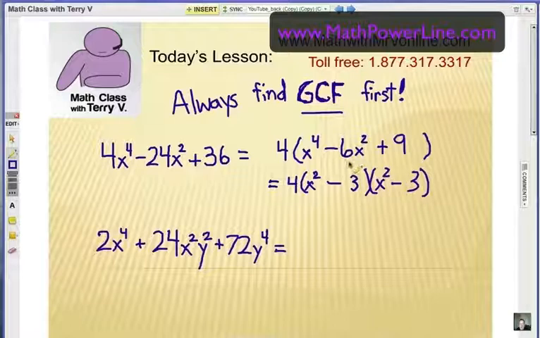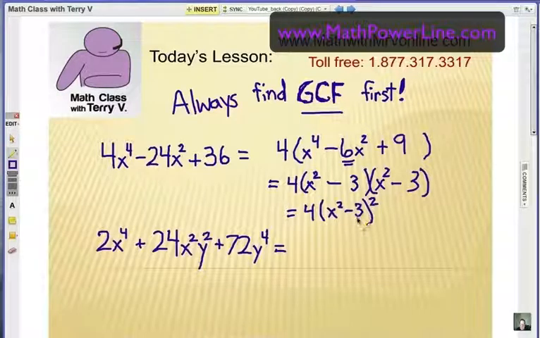Let's see, we double the product. So x squared times 3 is 3x squared. We double it, and yes, that does give me the proper coefficient of the middle term. To finish this off, it would be 4 times x squared minus 3 quantity squared.